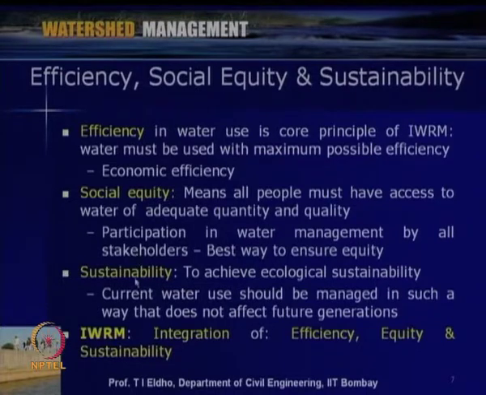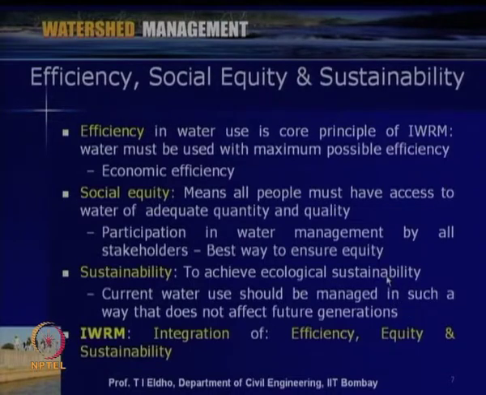Then, as we discussed earlier, the sustainability issues are very important. To achieve ecological sustainability, we have to see that water is allocated or used in an appropriate way. The current water use should be managed in such a way that it does not affect future generations.